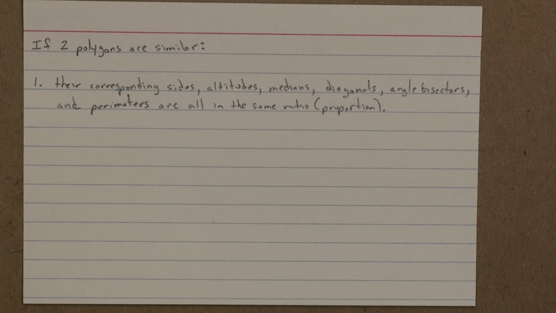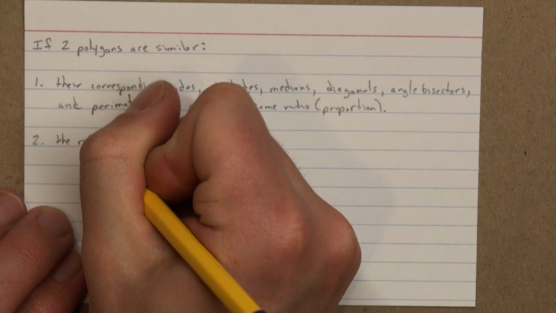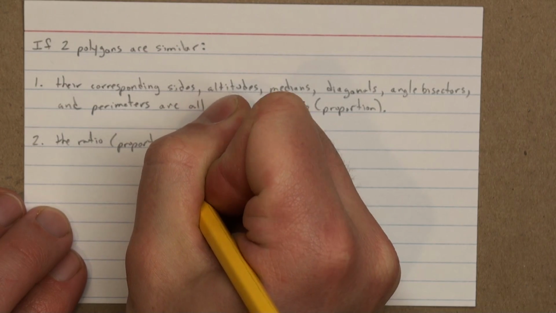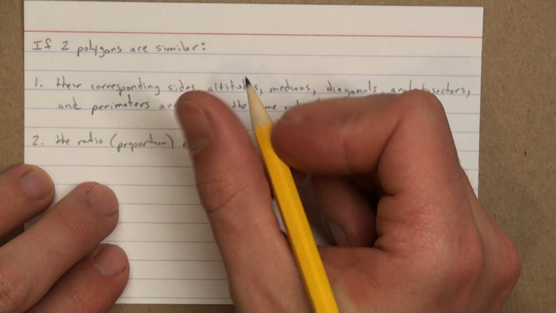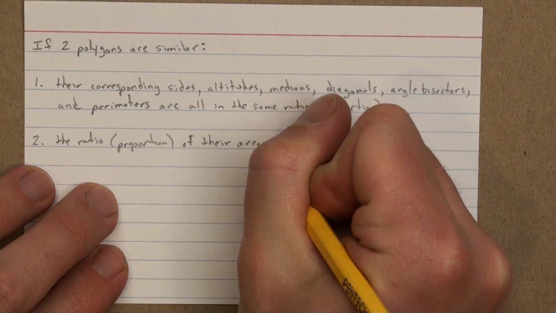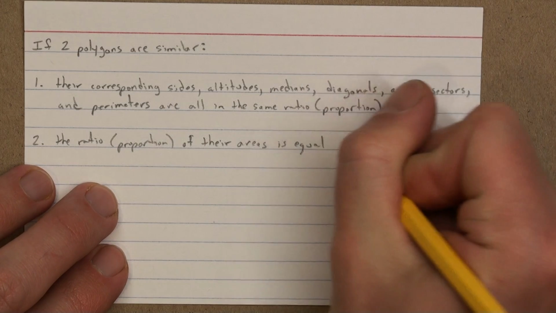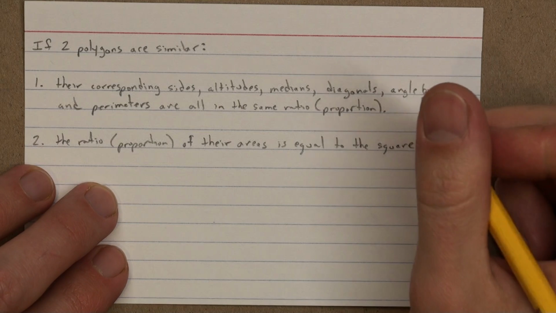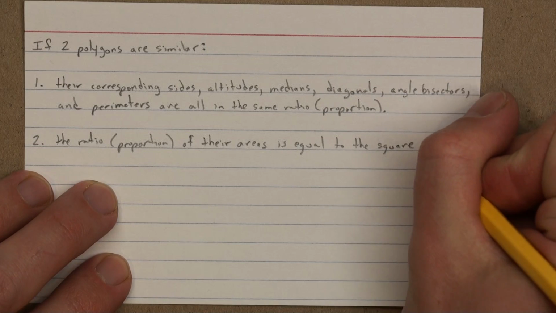Additionally, number 2, the ratio or proportion of their areas is equal to the square of the ratio of their corresponding sides.